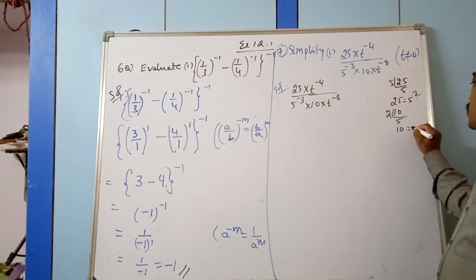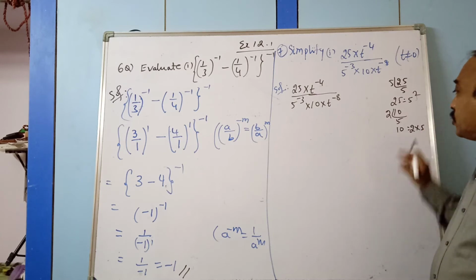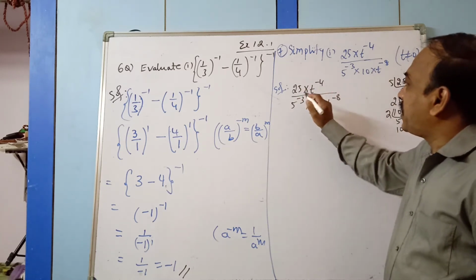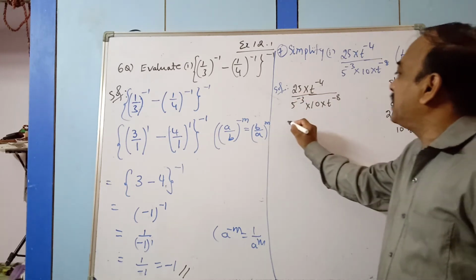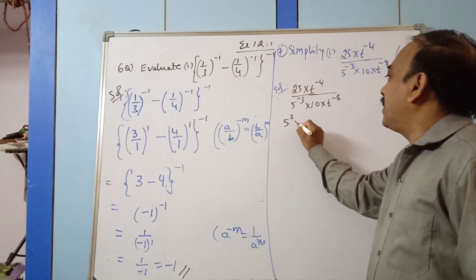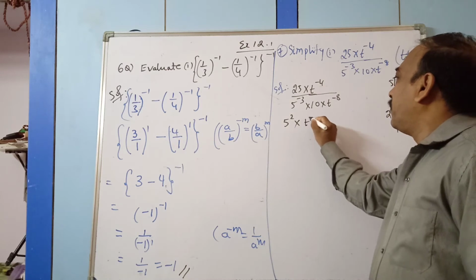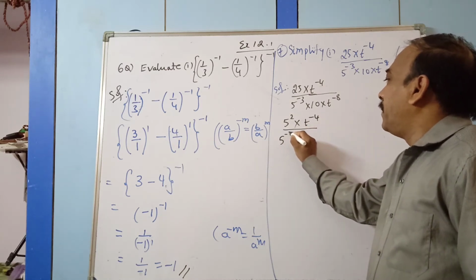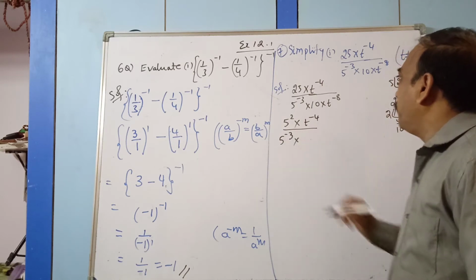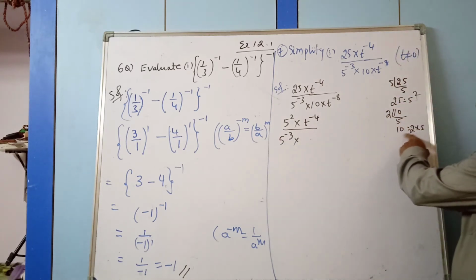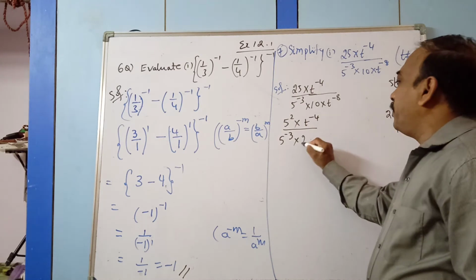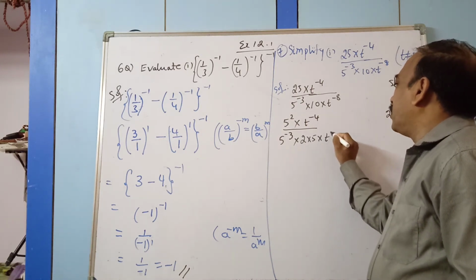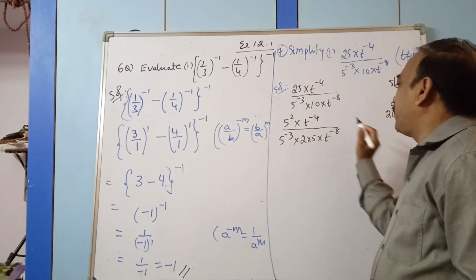So we are going to replace these. 25 I am writing as 5 squared, into t^-4, by 5^-3 into 10, which I am writing as 2 into 5, into t^-8. Observe it.